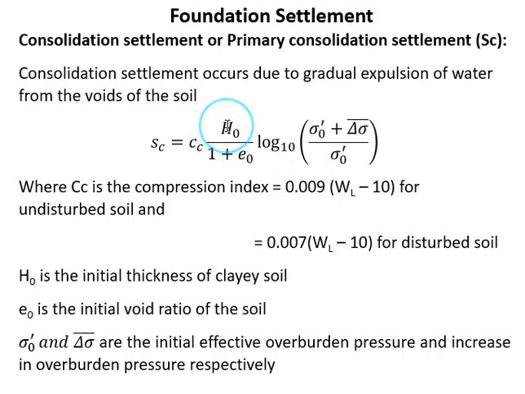And here H0 is the initial thickness of clay soil, e0 is the initial void ratio of the clay soil, sigma naught dash is the initial effective overburden pressure at the center of clay layer, delta sigma dash is the increase in effective stress at the center of clay layer. So sigma naught dash is the geostatic stress, which is due to self weight of soil, and delta sigma dash is the increase in stress due to external load such as foundation.